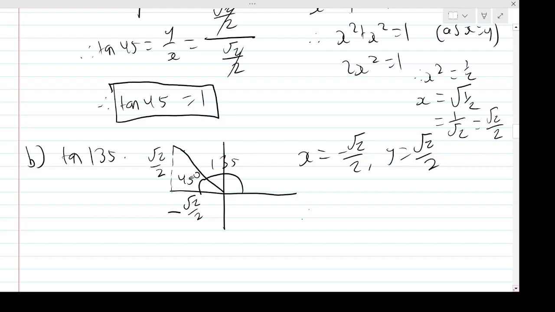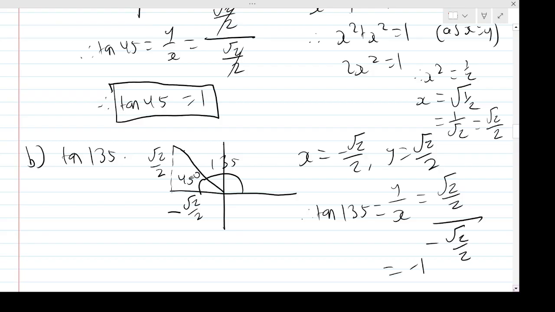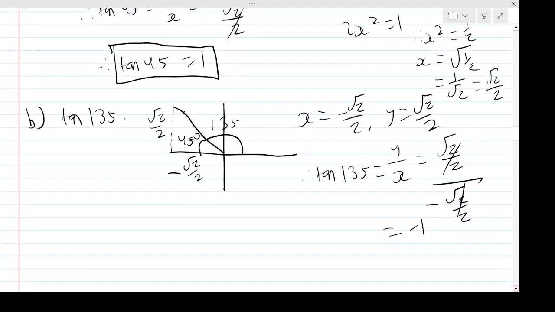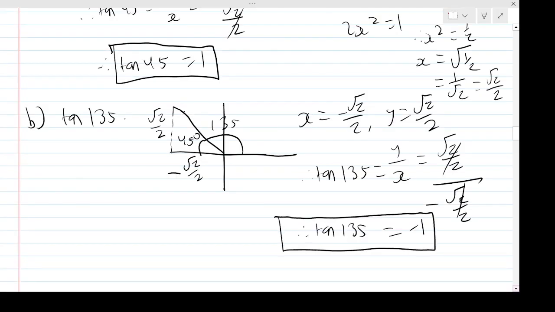Therefore tan of 135 is just y over x, so opposite over adjacent, which is root 2 over 2 divided by minus root 2 over 2, which should just be minus 1, because they cancel out again, and we're just left with the negative. So there we are, tan 135 gets me minus 1.